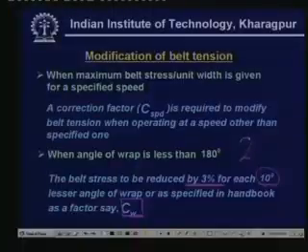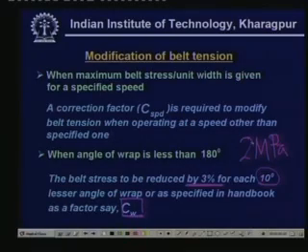For example, a gross value of belt stress for a leather material can be taken as 2 MPa, megapascals. This is an average type of value you can take.